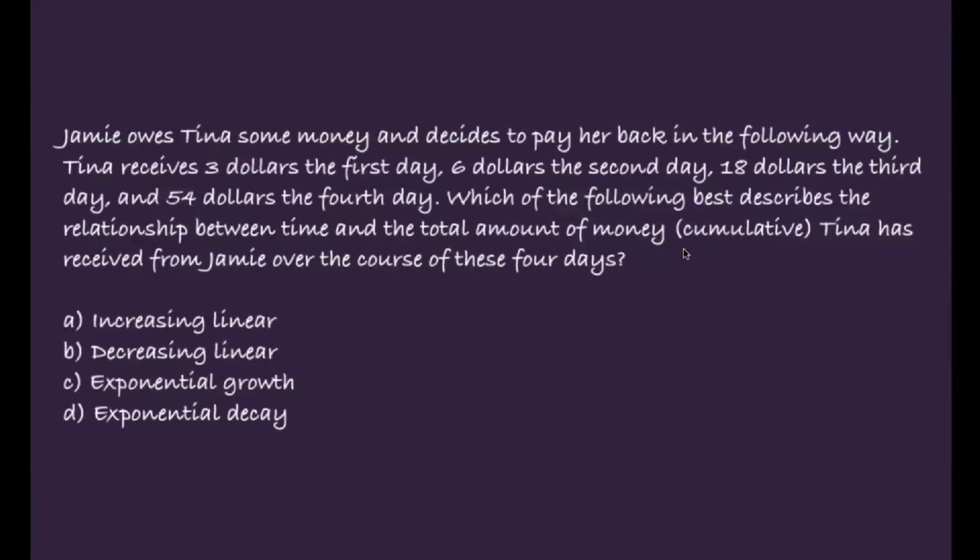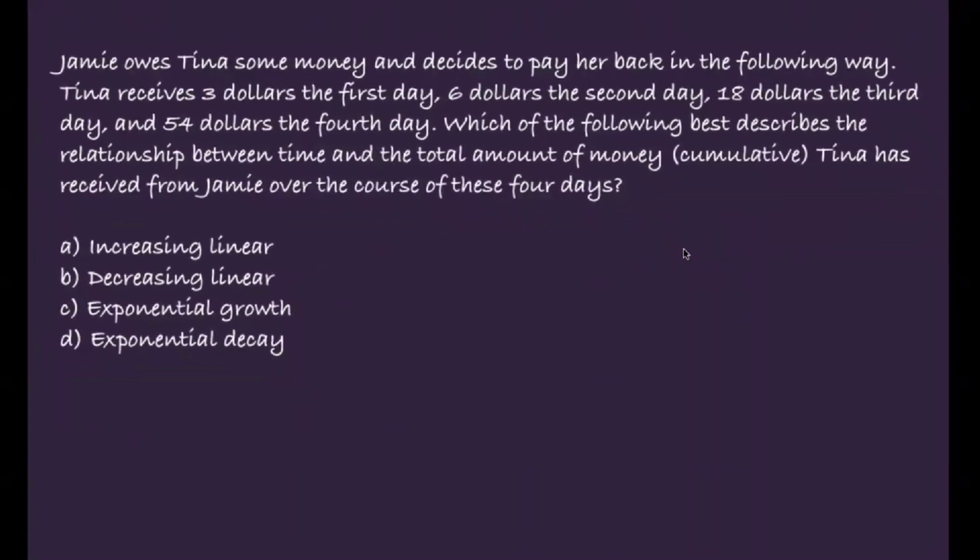Let's take a look at our last problem and try this on your own first. Jimmy owes Tina some money and decides to pay her back in the following ways. Tina will receive $3 on the first day, $6 on the second, $18 on the third, and $45 on the fourth. Which of the following best describes the relationship between the time and the total amount of money Tina got from Jimmy?